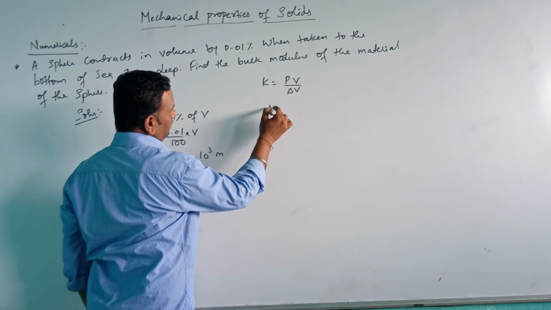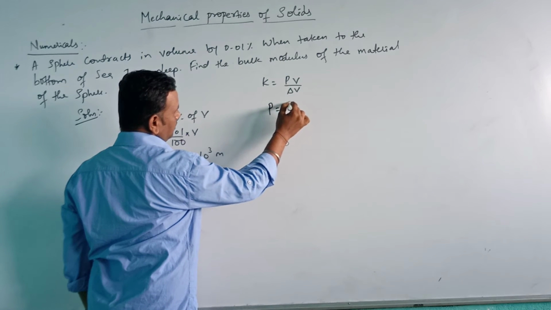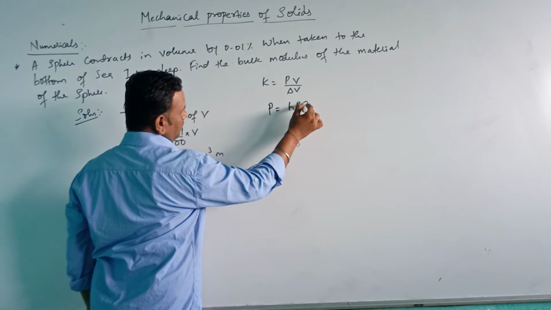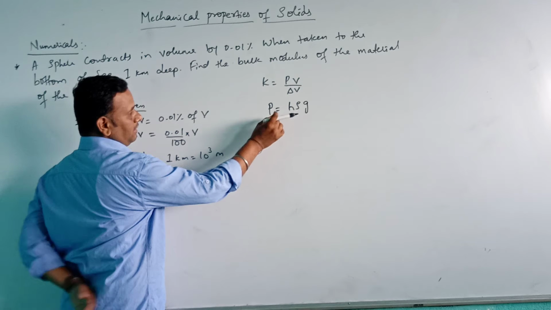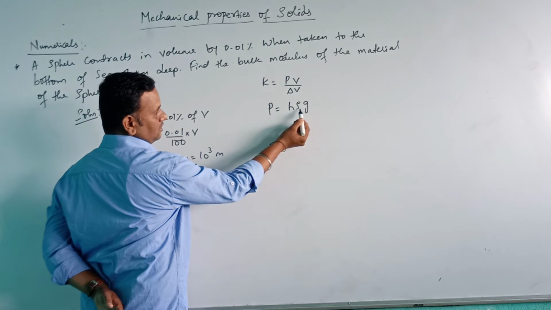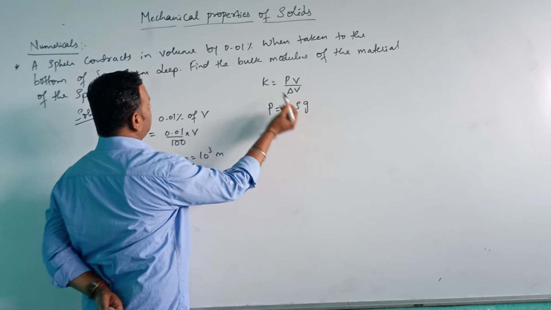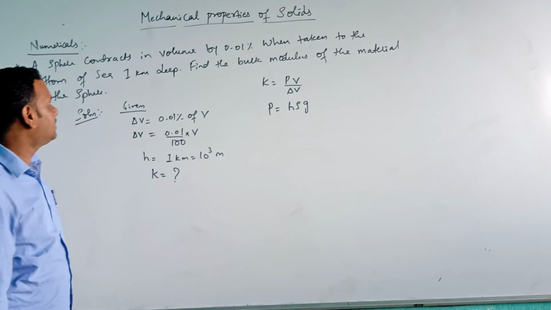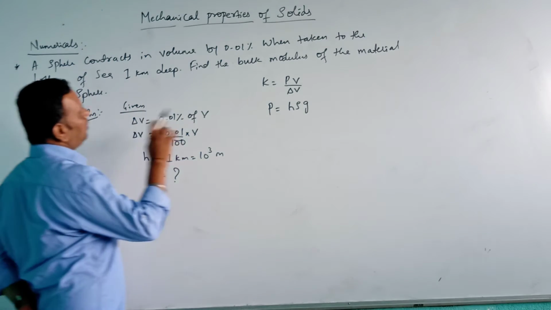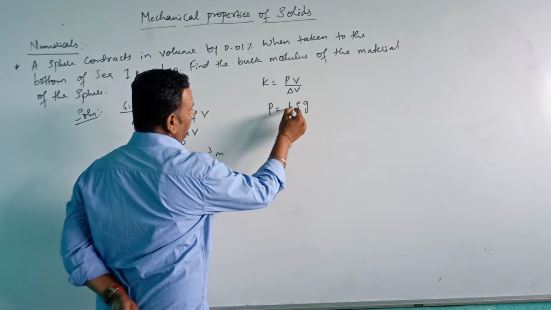We know that pressure is equal to H rho G, where H means height, rho means density of the water, and G means acceleration due to gravity.